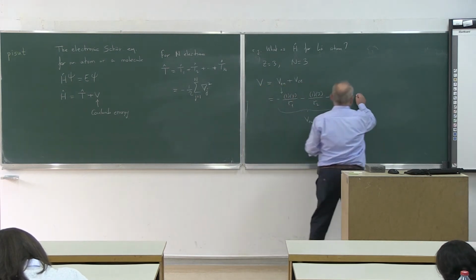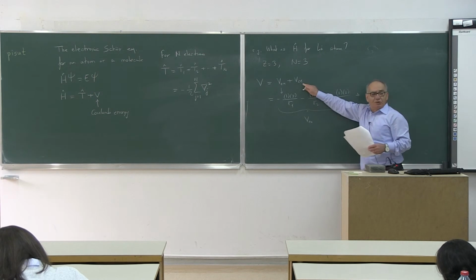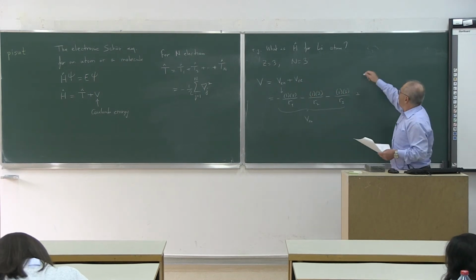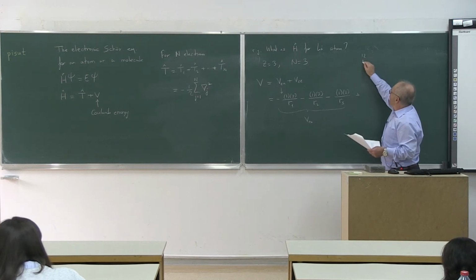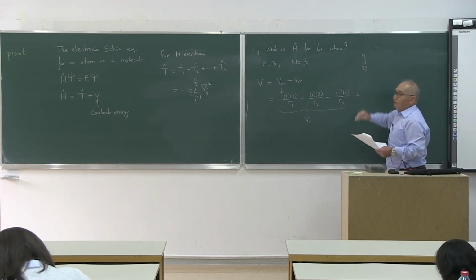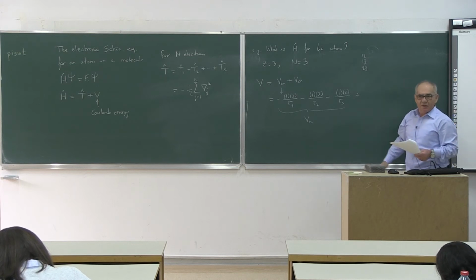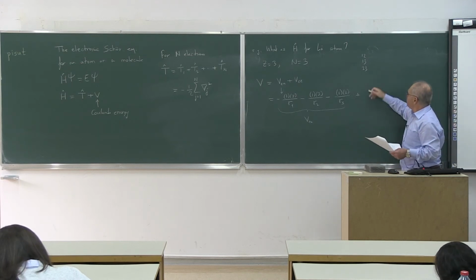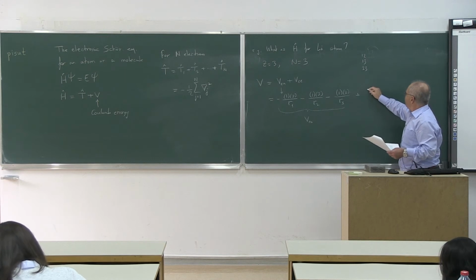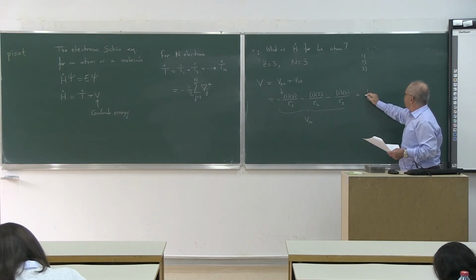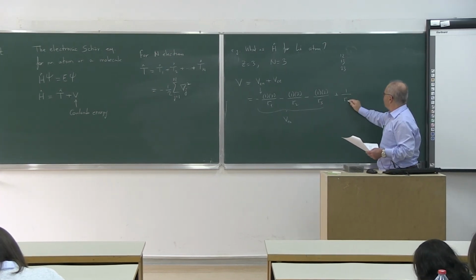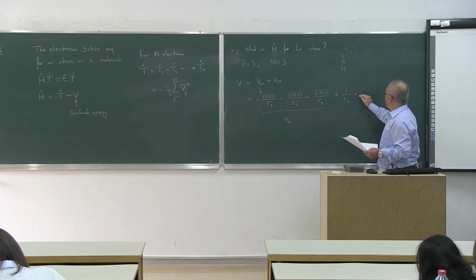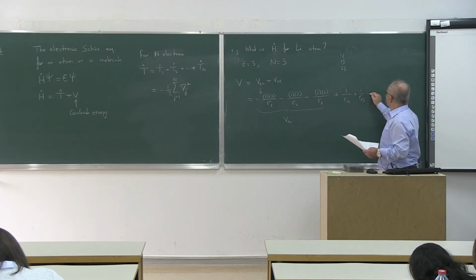We have also electron-electron repulsions. How many electron pairs do we have? Pair 1, 2, pair 1, 3, and pair 2, 3. The total expression is 1 over R12 plus 1 over R13 plus 1 over R23.